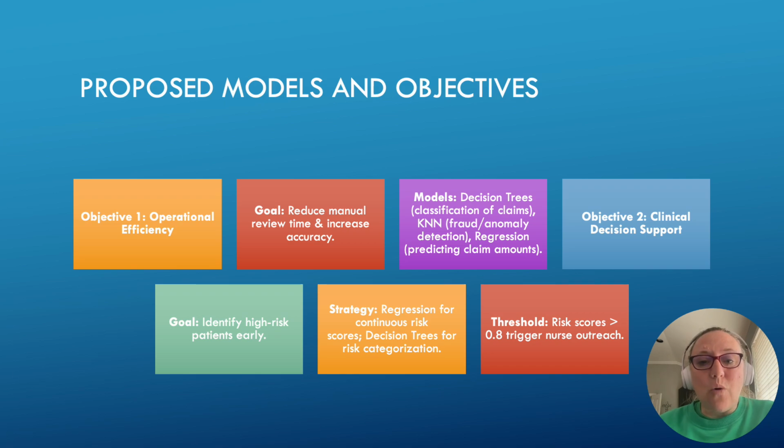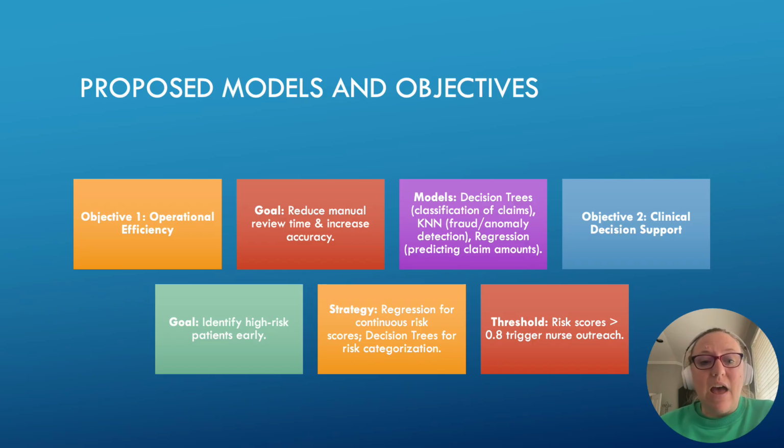To achieve these goals, I proposed a multi-model approach. For operational efficiency, we utilize decision trees to classify incoming claims as either high risk, routine, or ones that need manual review. Simultaneously, k-nearest neighbor models are developed to detect anomalies that may indicate fraud.